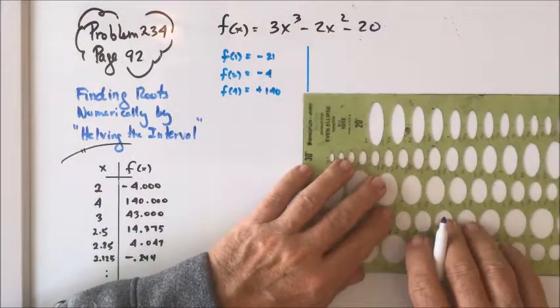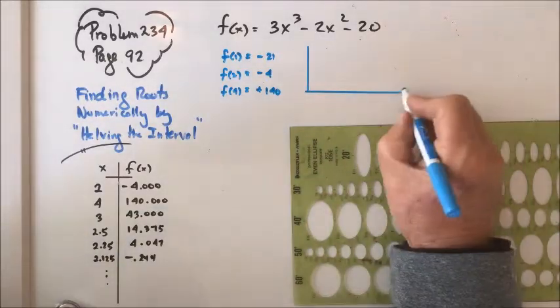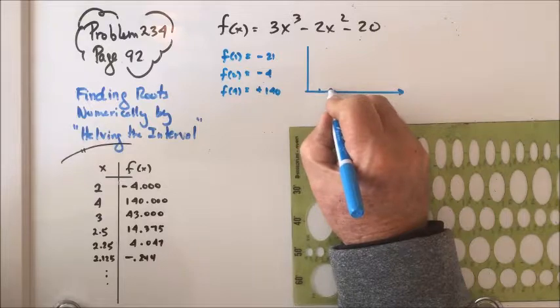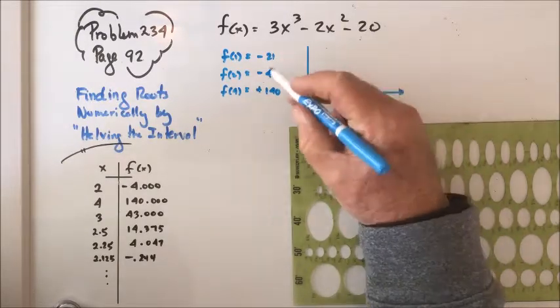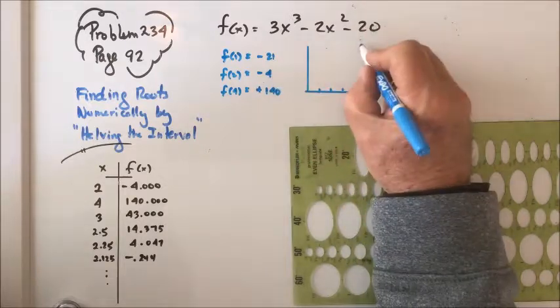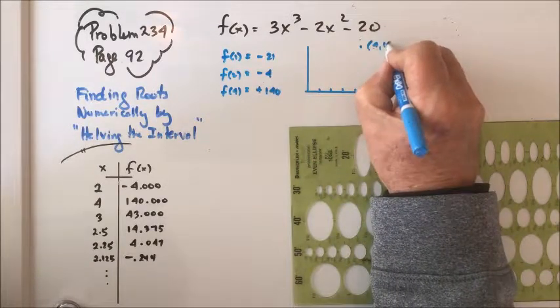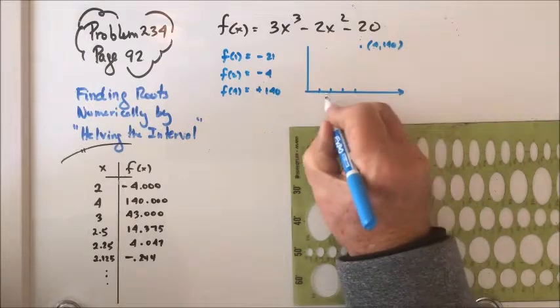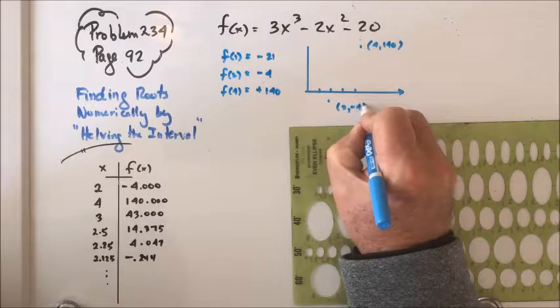I'm going to do a quick sketch. It's not very much information, but it's actually a lot of information in some ways. Because here's 1, 2, 3, and 4. And what we've shown is at 4, the function is way up here, 140. But at 2, it's way down here at minus 4.